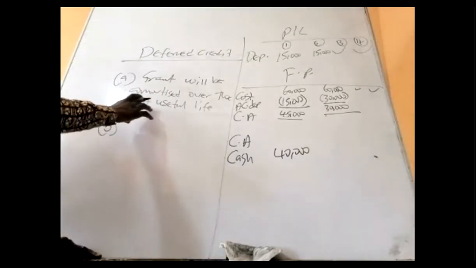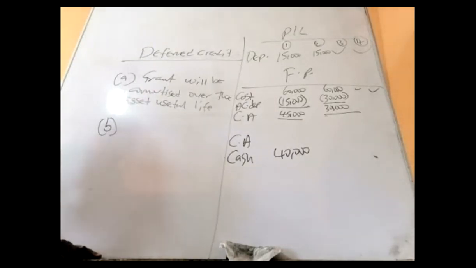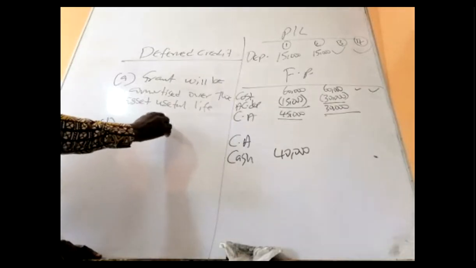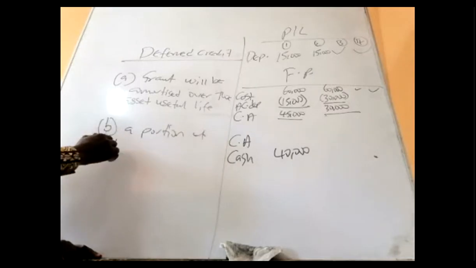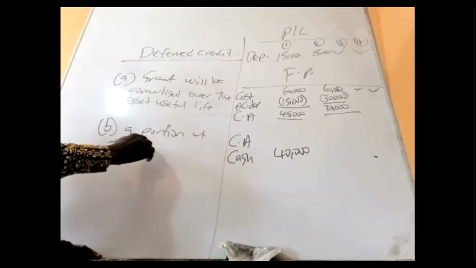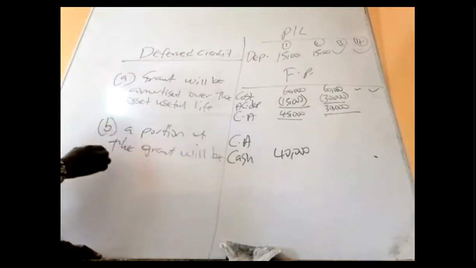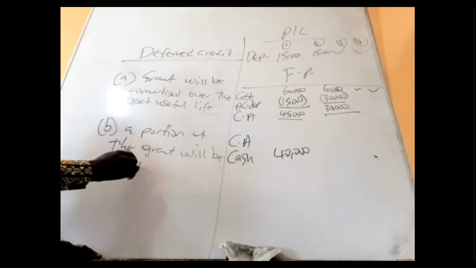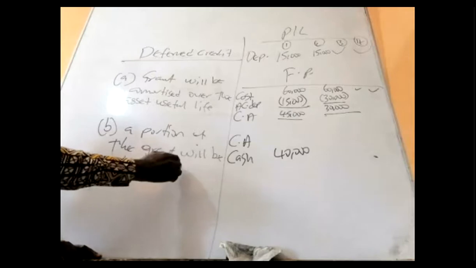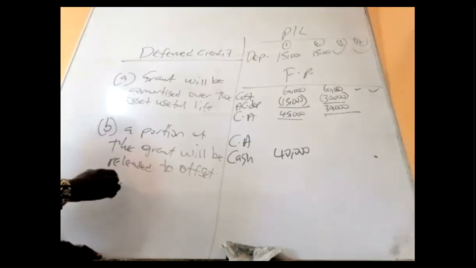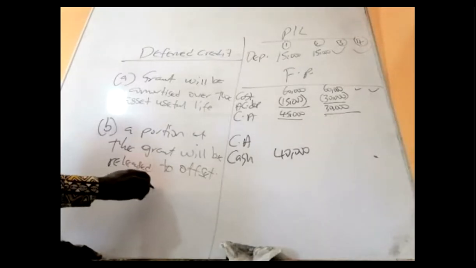So a portion of the grant will be released to offset the depreciation charge.